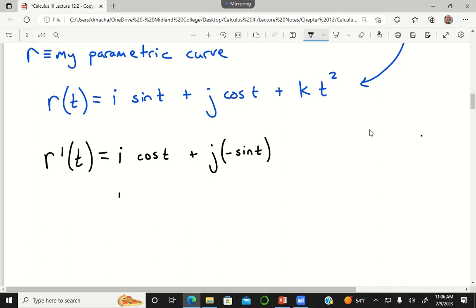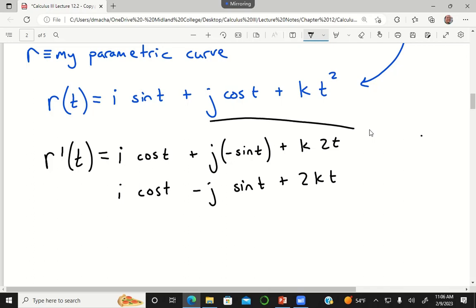Or, like Stephen said, I could be writing this like minus j sine of t. And then lastly, I would have plus k 2t. You could write 2kt, it doesn't really matter. All the same, but this right here is the derivative.